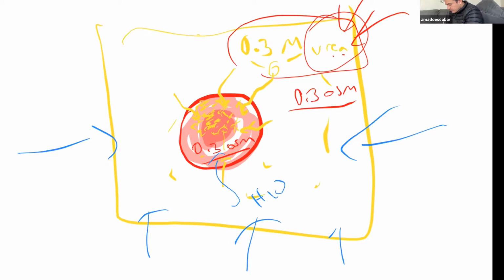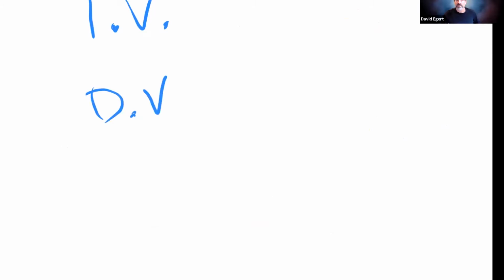Let's just quickly review the independent and dependent variables for our lab today. What is the independent variable? What are we varying?